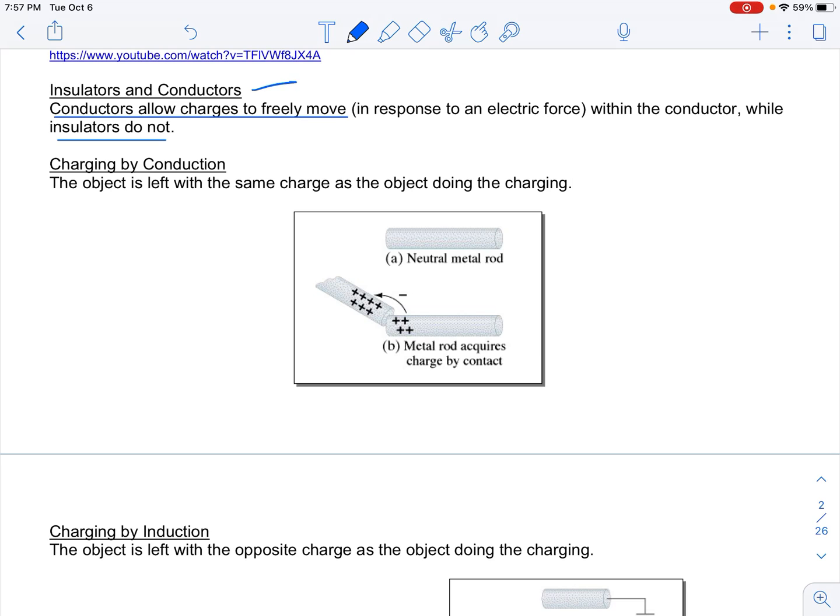Typically, conductors are metals, and insulators are usually organic, or things like wood, glass, things like that can be insulators. So when we're talking about charging in these examples, we are charging conductors.